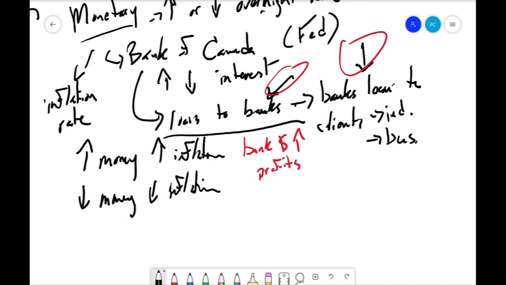Like right now, again with the COVID, I think the overnight rate is like 1/4%, something like that. It's very low, so that means it's very cheap to spend money to get loans because you have very little to pay back in terms of interest.